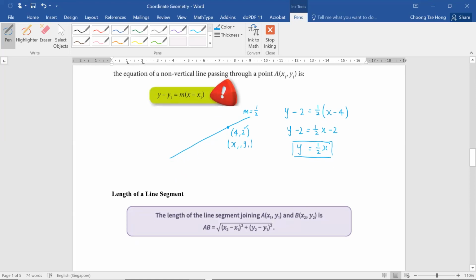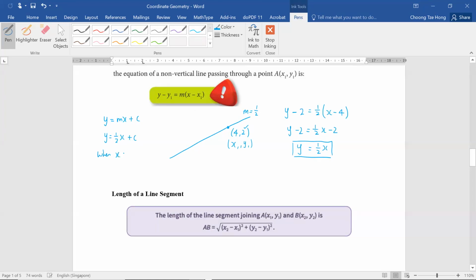Of course, you can use the other method also, which is the general form for the equation of a straight line, y equals mx plus c. In this case, you know that m is half, so you can also do it this way. Then all you need to do is sub in the 4, 2, and you will be able to find c. If you do that, you will find that c is 0.